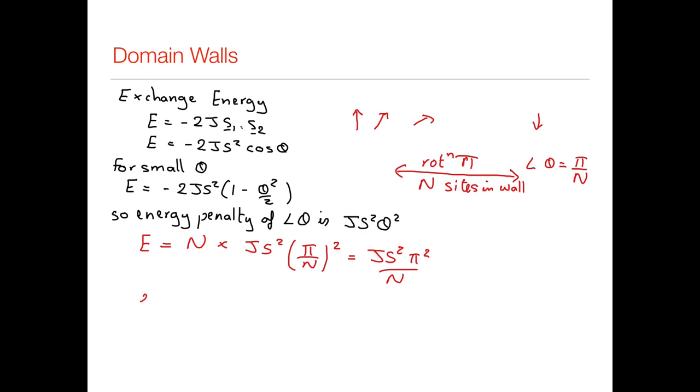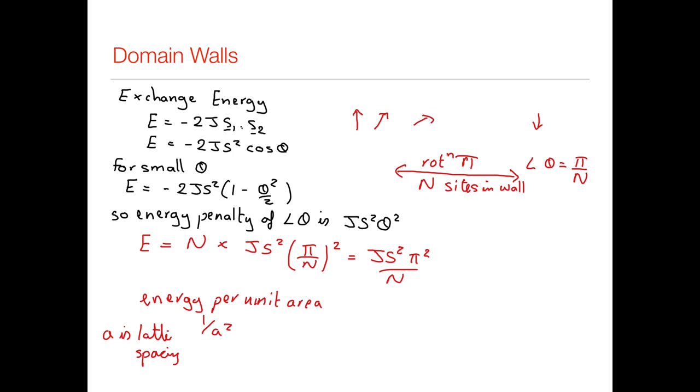So we need to divide by 1 over a squared, where a is the spacing, because that will give us the number of such atoms per meter squared.